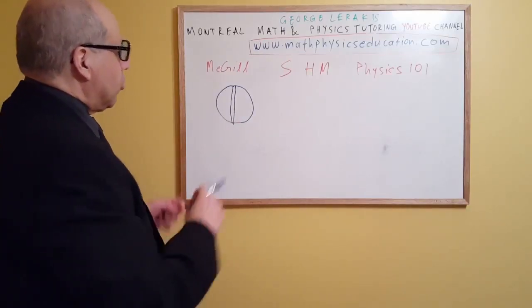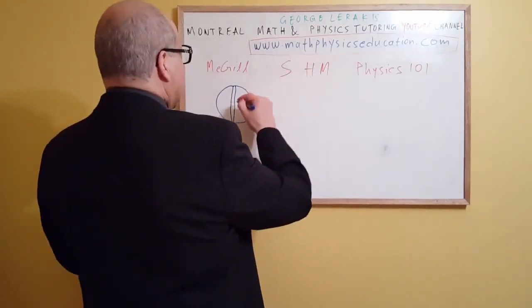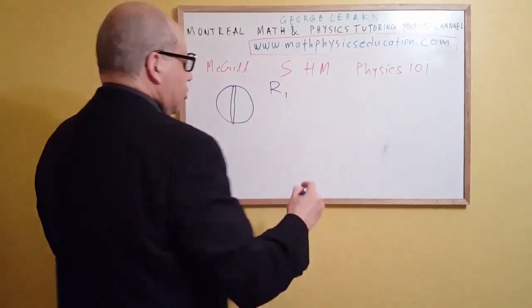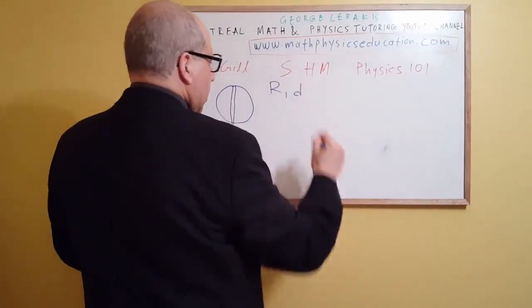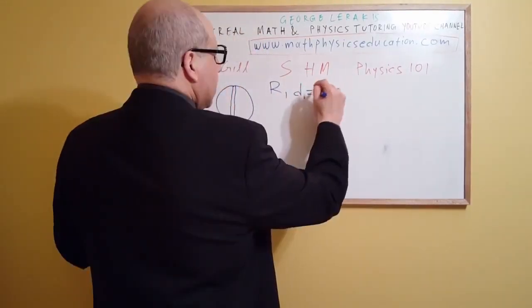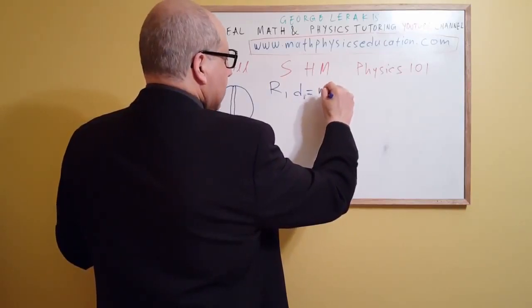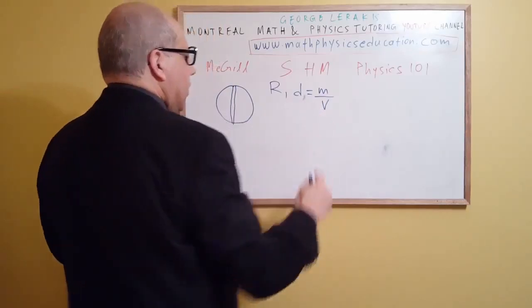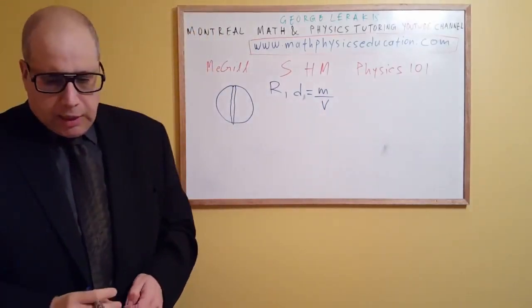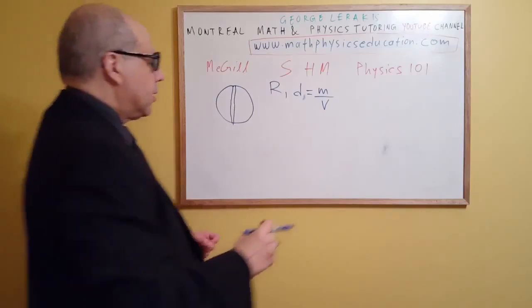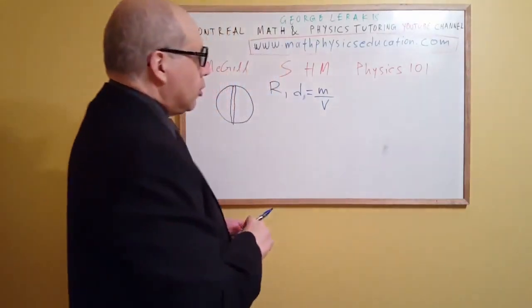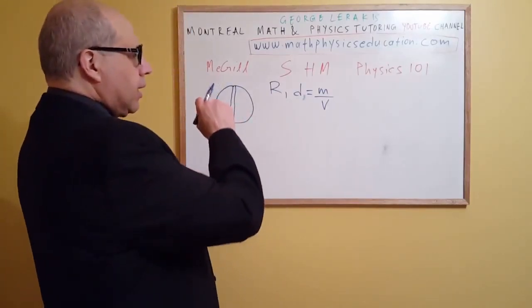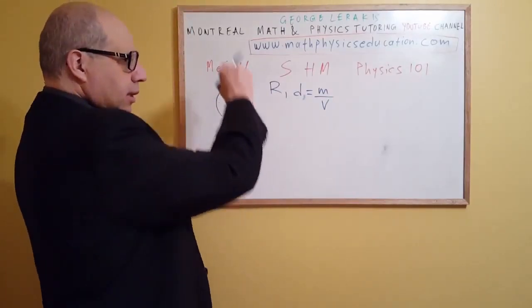So we know the radius of this planet, let's say r. We know the density of the planet as mass per volume, and what we want to find is the speed of the message that drops.